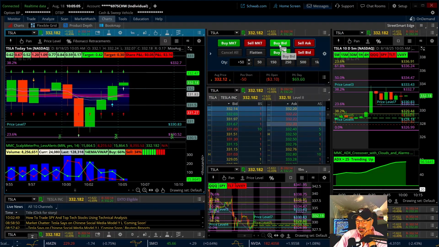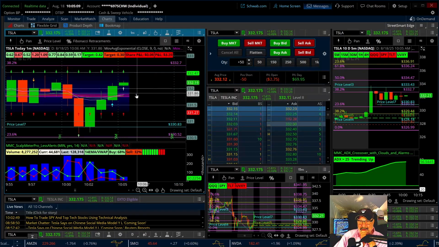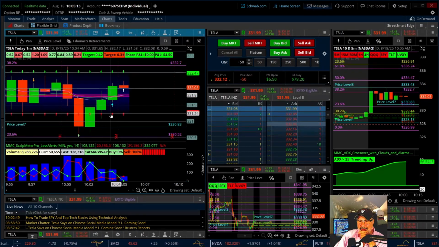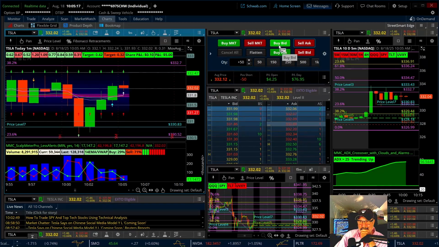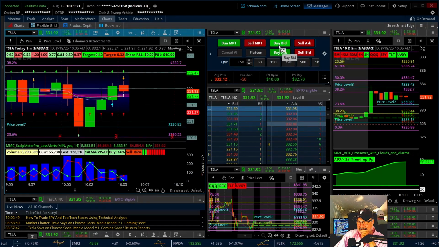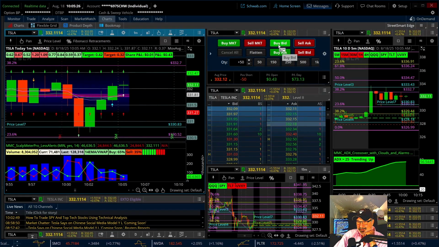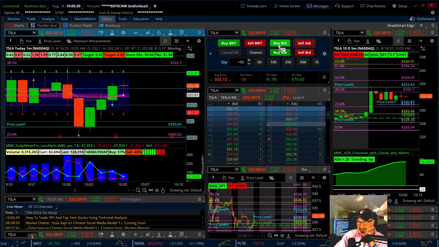So now I've got to sweat the opposite direction to see what it's going to do. Let's see if we can pull it back down into here, get a little bit bigger trade. Looking for a little bit bigger trade on this one. Let's see if it pulls back down.